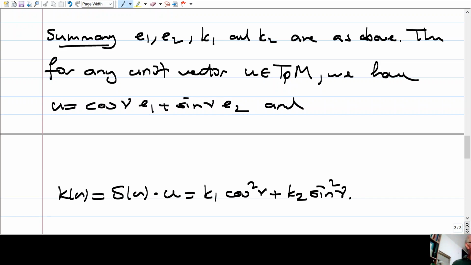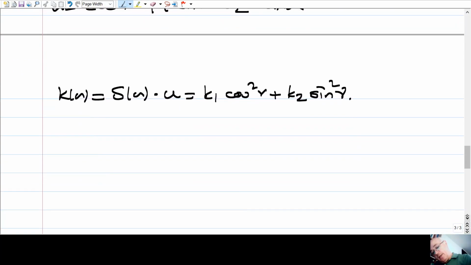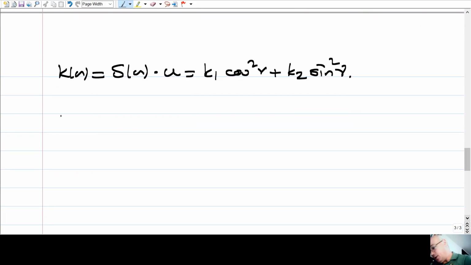All right, now let's see Gaussian curvature. So this is the next topic, section 5.3, Gaussian curvature.